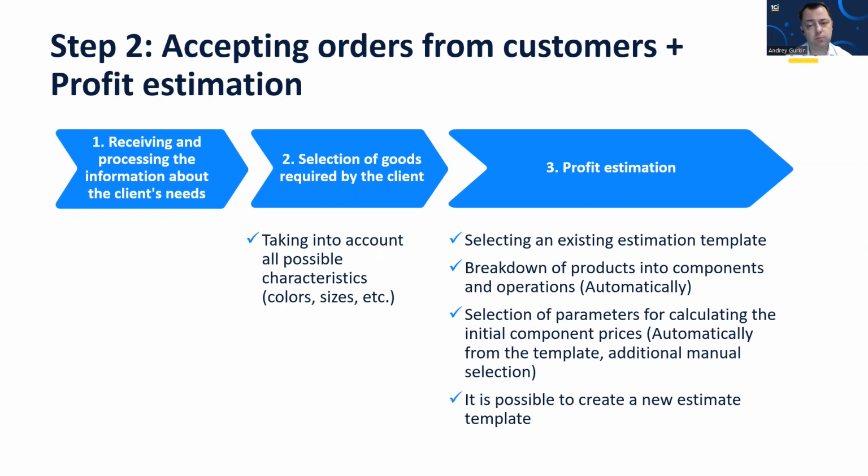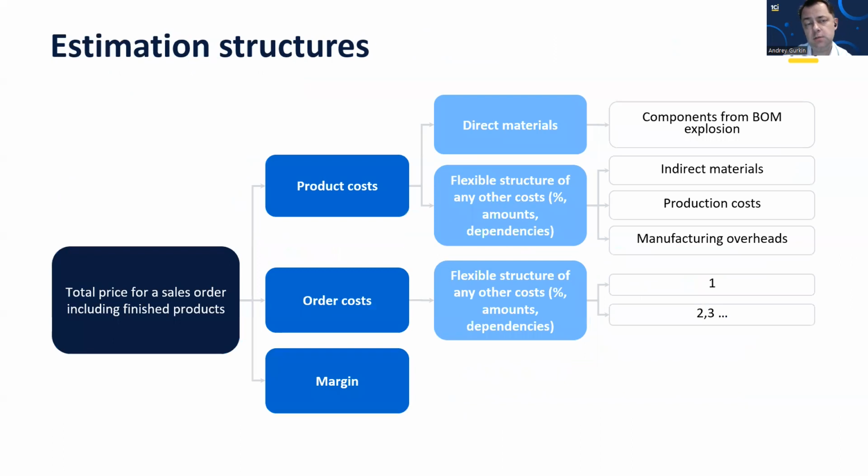And of course, it will break down projects into components and operations. So the same functionality that we have right now, and selection of parameters for calculating the initial component price. Again, we already have it. But regarding the estimation structure, here you can see what we can use in our work.